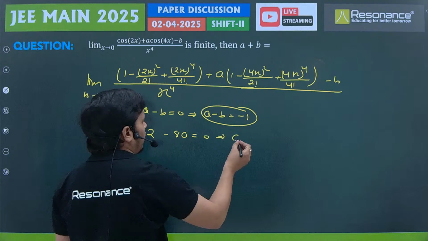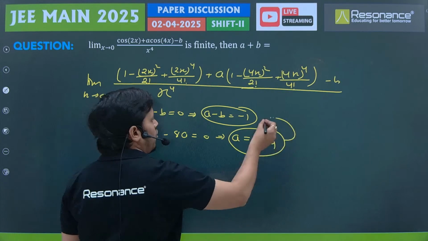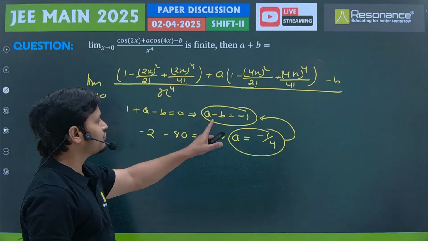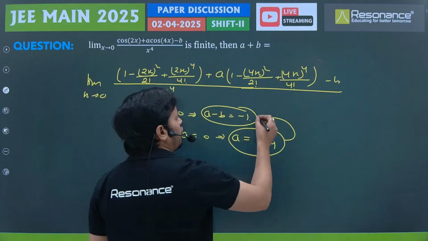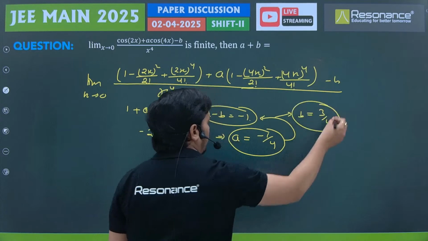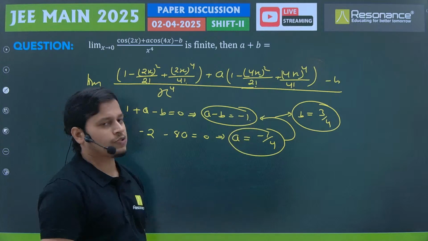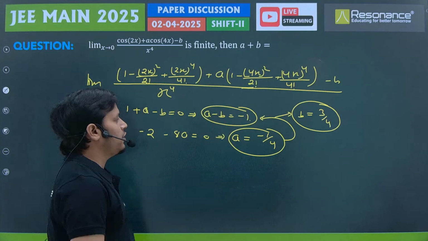From here we got the value of a, that is equal to minus 1 by 4. The value of a we put in this equation: minus 1 by 4, b came this side, and plus 1. What is the value of b we got? That is equal to 3 by 4. Minus 1 by 4 came this side, minus 1 plus 1 by 4 gives minus 3 by 4, and minus minus cancel, b equal to 3 by 4.